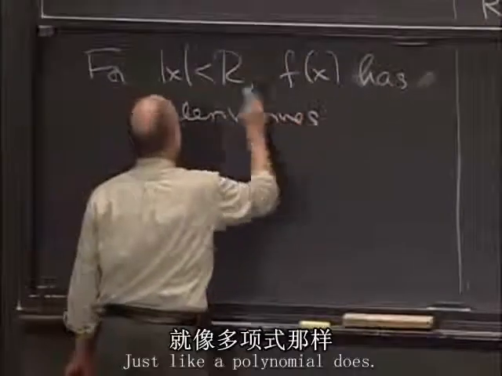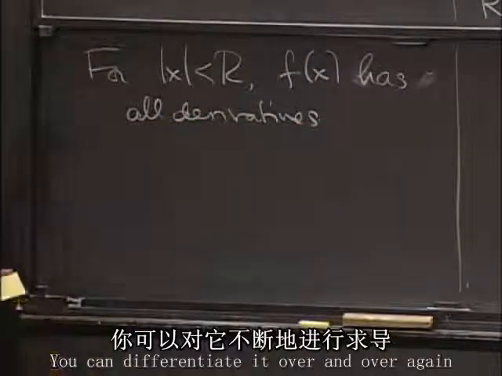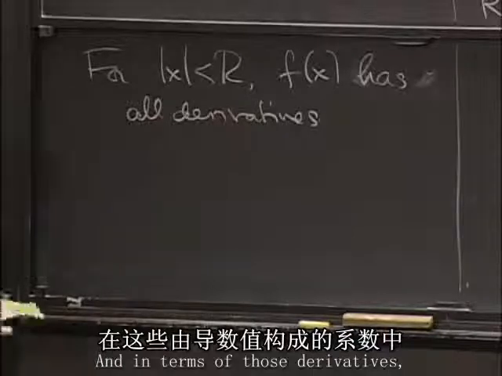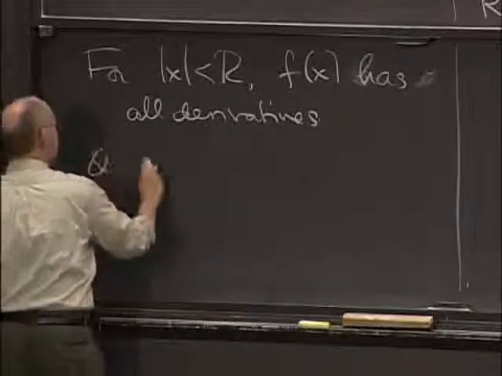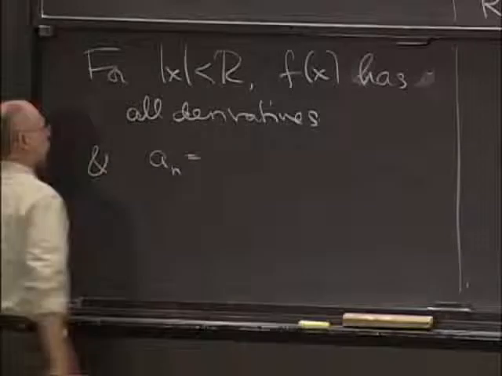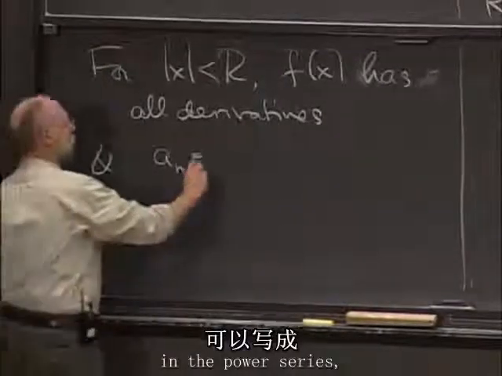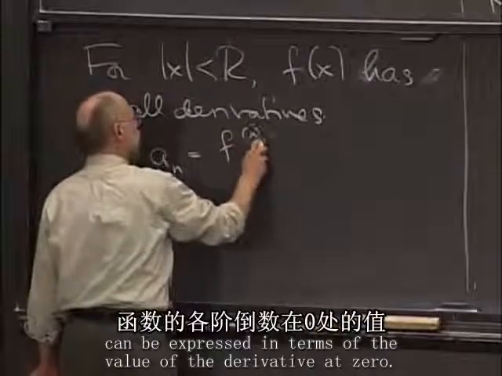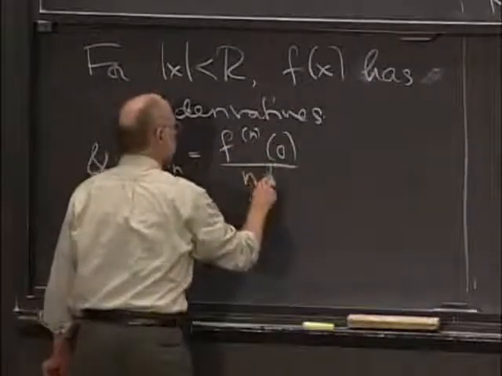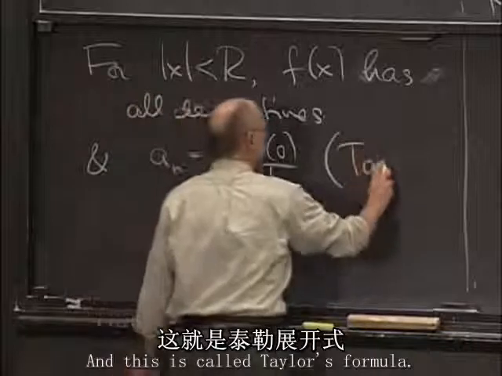Just like a polynomial does. You can differentiate it over and over again. And in terms of those derivatives, the number a sub n in the power series can be expressed in terms of the value of the derivative at 0. And this is called Taylor's formula.